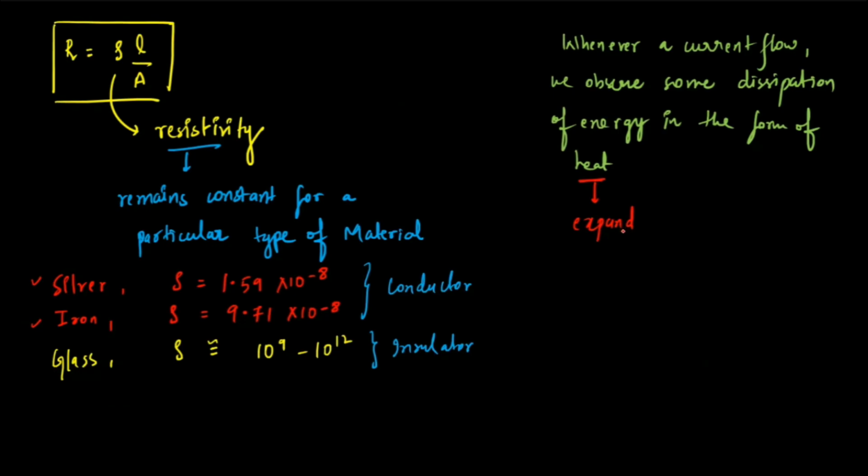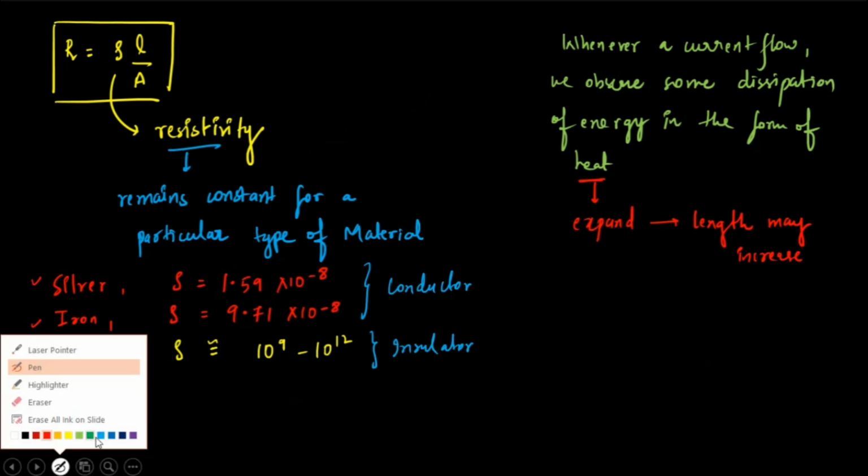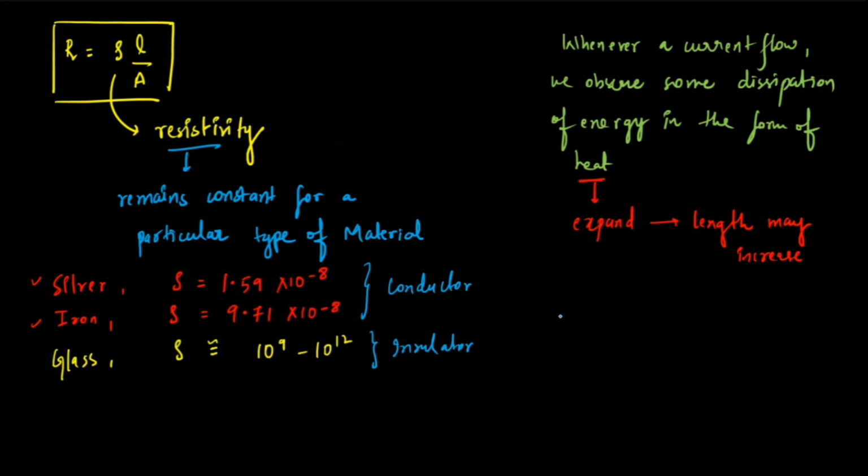And when it starts to expand, its length may increase. And because of the increase in its length, we can say the resistance of that particular conductor is going to change. So this is a very important point. As length increases, we can say resistance must change.